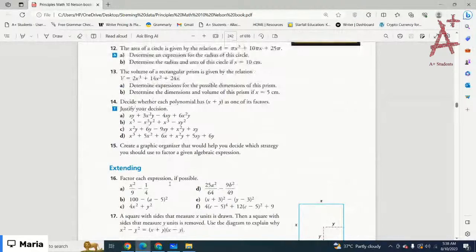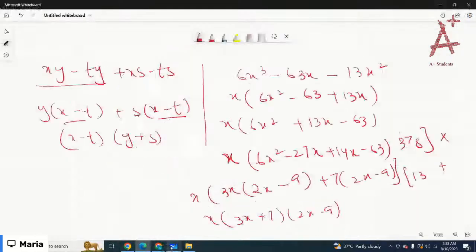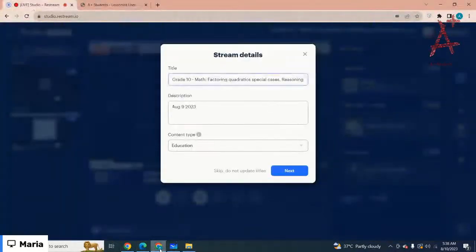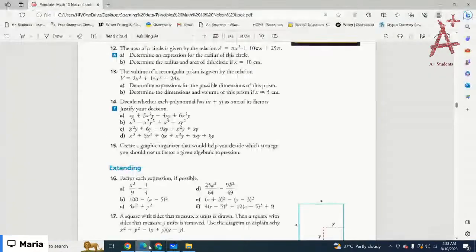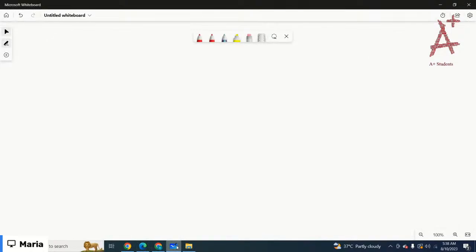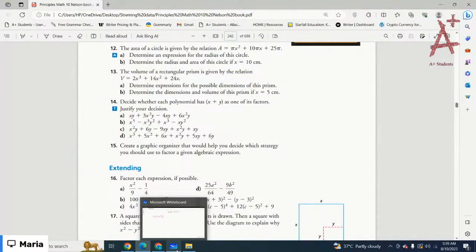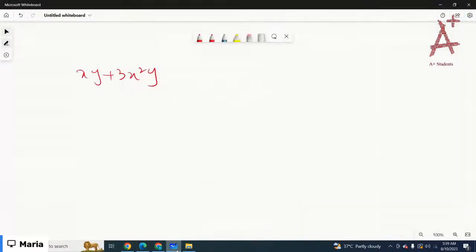Let's start with the first one. Let's factor out xy and see if we have the factor x plus y. xy plus 3x squared y minus 4xy plus 6x squared y.